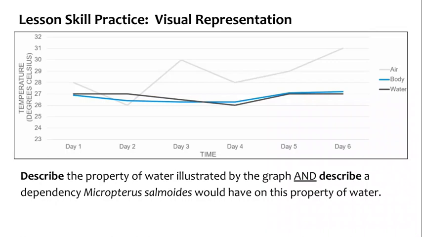But basically, we're given the air, body, and water temperature of this species of fish in this river in Northern Virginia. And so you're meant to describe the property of water illustrated by the graph and describe the dependency that the Micropterus salmoides, which is a species of fish, would have on this property of water. You should pause here and think about that for a moment.